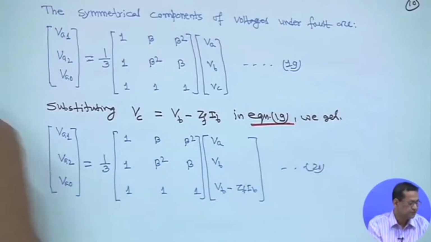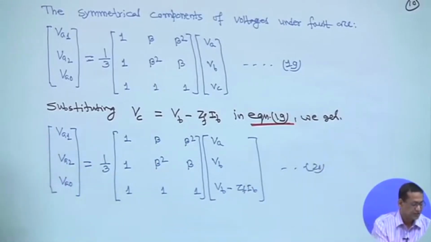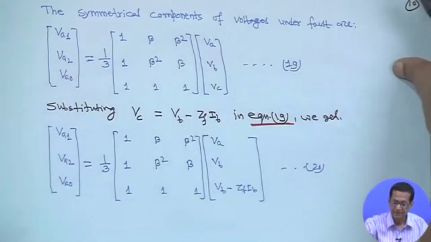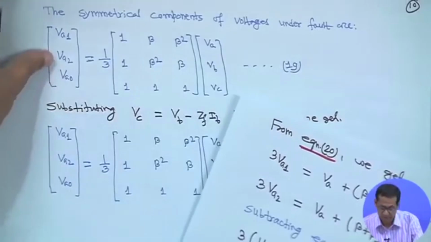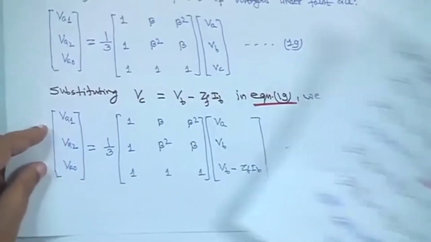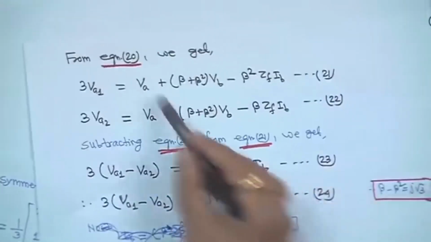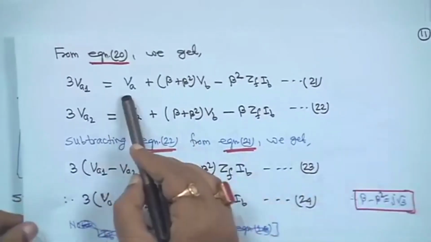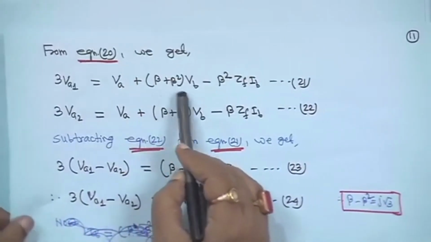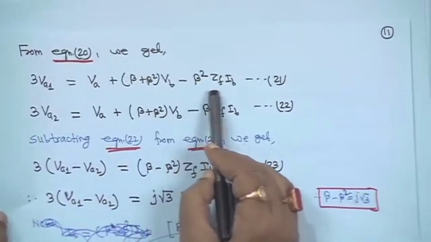Now, from equation 20 you make VA1, this one VA1, it will be 1/3 of everything. So, cross multiplication I am writing 3 VA1 is equal to VA plus beta square VB minus beta square ZF IB.